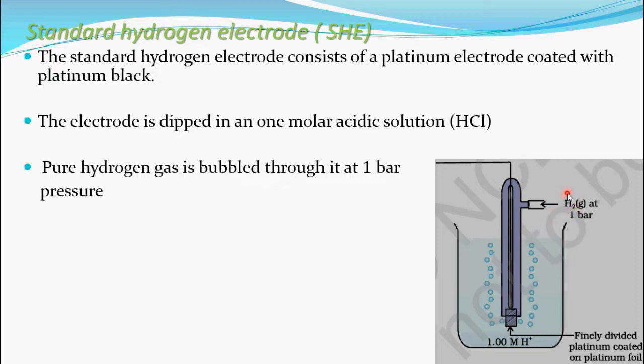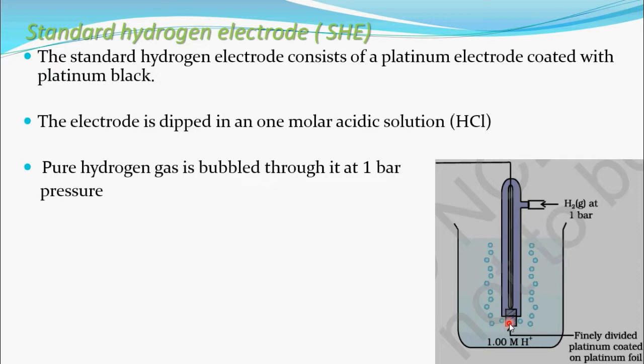This hydrogen gas will come here and be adsorbed on the platinum electrode surface. Adsorbed means the hydrogen molecules will get deposited on the surface of the electrode.